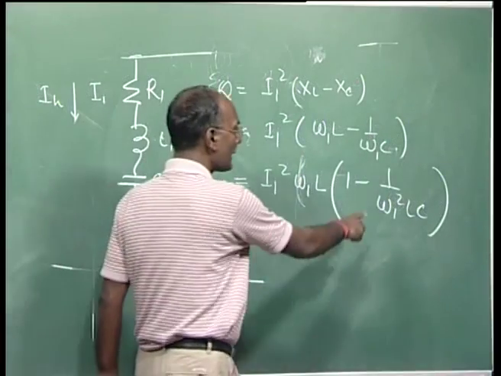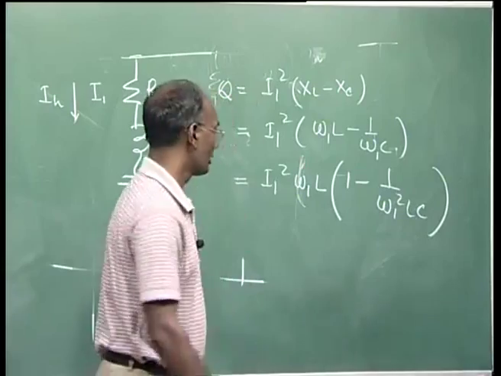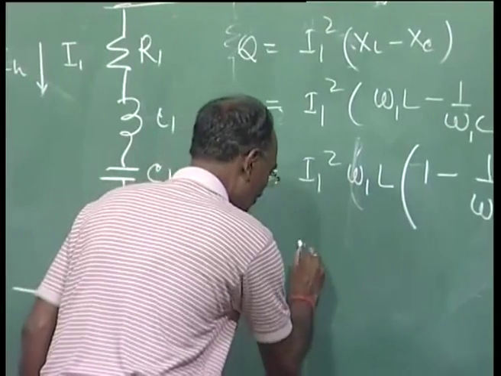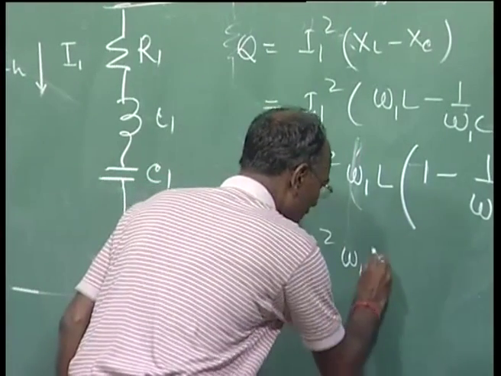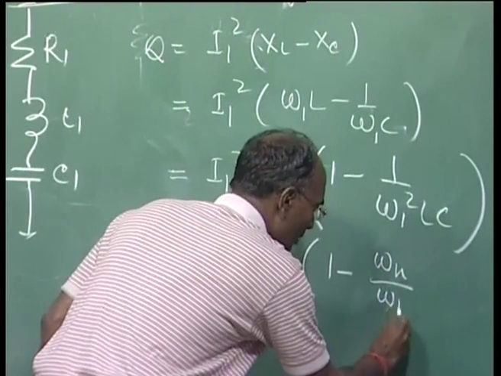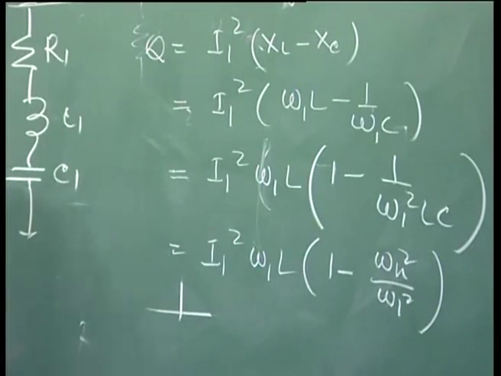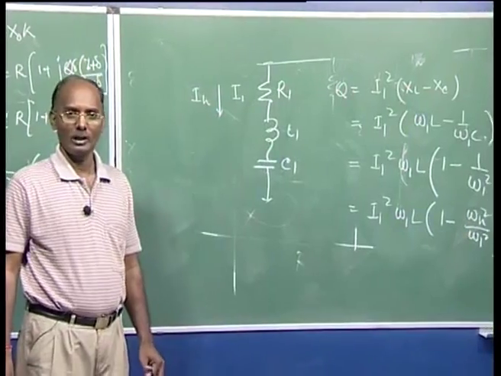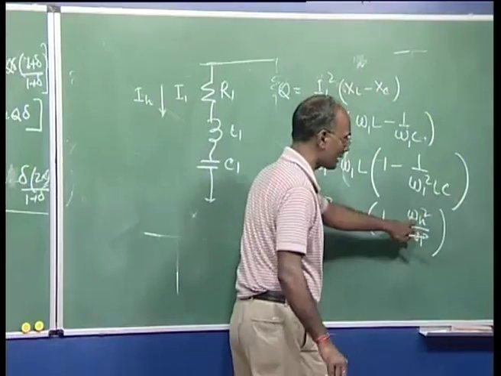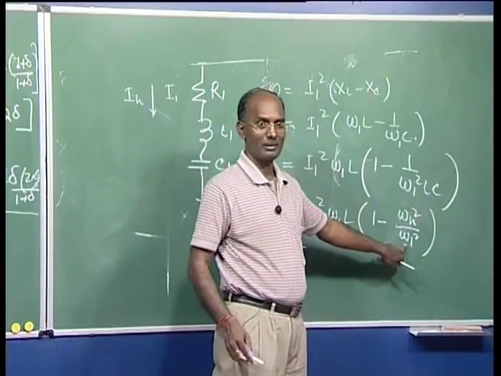And 1 upon LC here is omega n square. So I can write here it is I1 square omega 1 L times 1 minus omega n over omega 1 squared. Okay, and this omega n is nothing but h times omega 1.